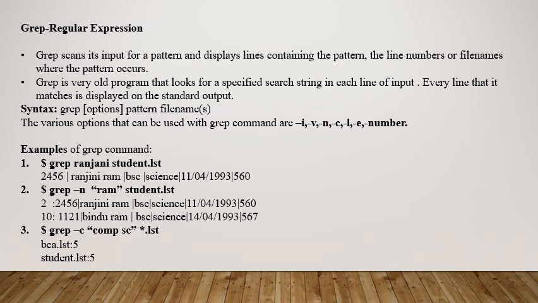The file student.list has the pattern computer science in 5 lines, and the file bca.list also has the pattern in 5 lines. So these are the examples of the grep command.